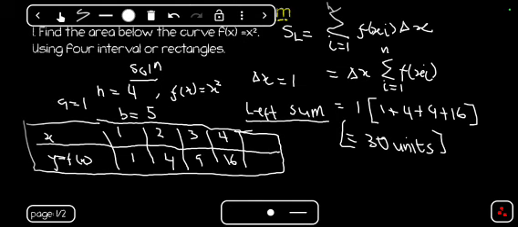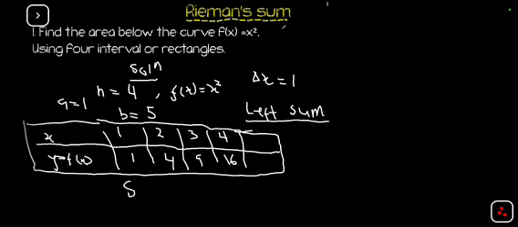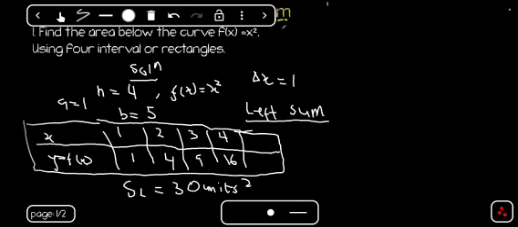Now let me clear it and put the value somewhere so that we'll use it later. So the Riemann left hand sum is giving us 30 units squared. It's area, so we have to note the square.